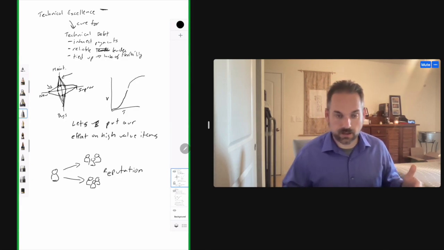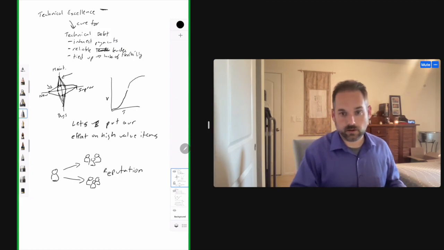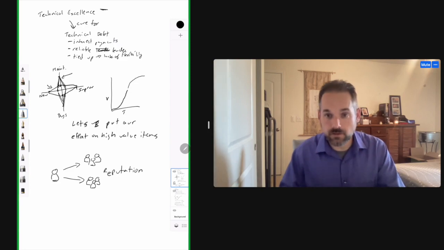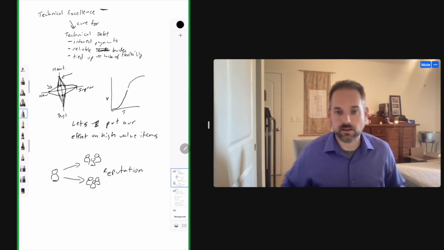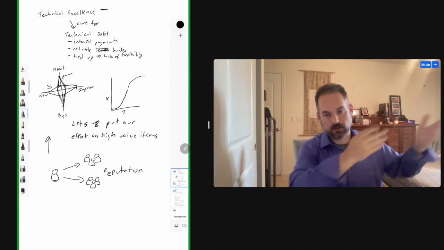So just like a lender will be evaluating the reputation of a lendee, your stakeholders are going to be evaluating the reputation of your team, and a huge part of that, because of what we talked about up here, is based on your ability to manage your technical debt, or technical excellence.